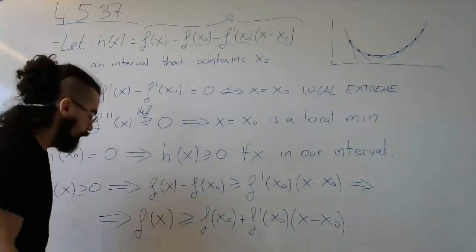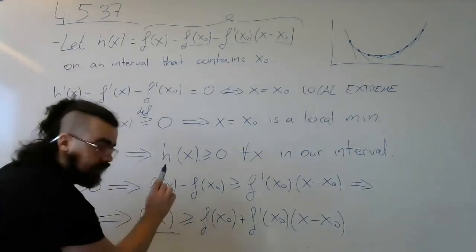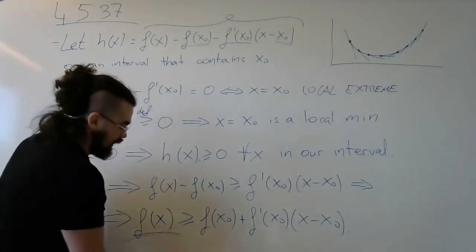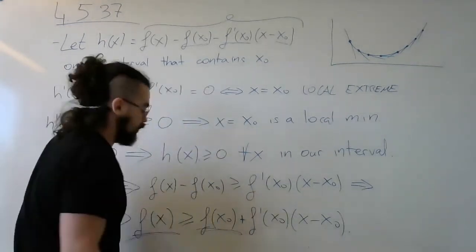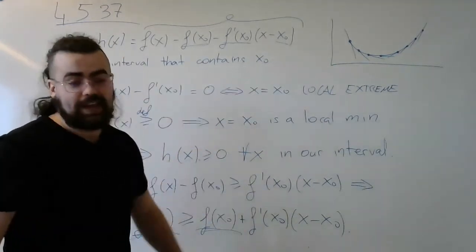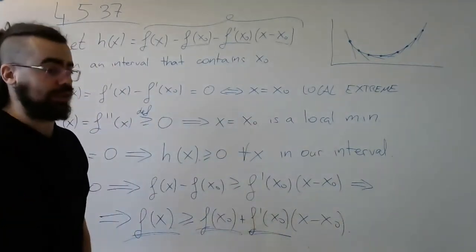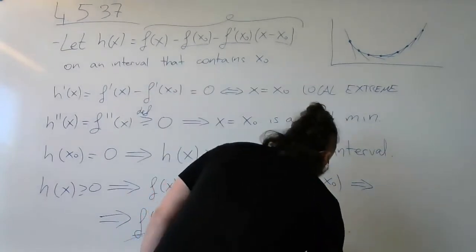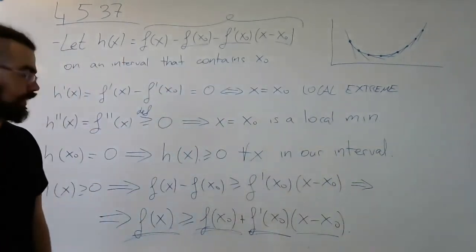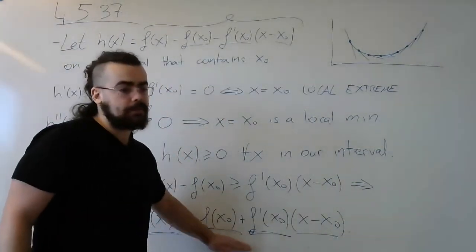What did we find here? This is the function. And what is this? This is a straight line that starts in x0, f of x0, has a slope equal to the slope of the real tangent, and it touches the function in the same point. So what is this?